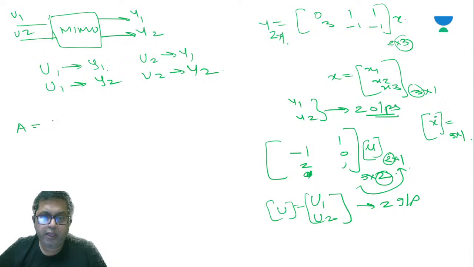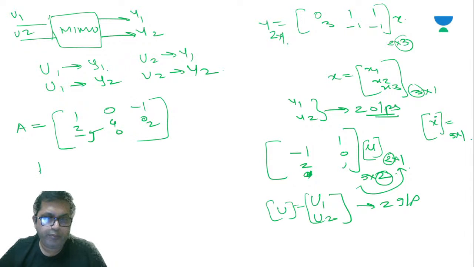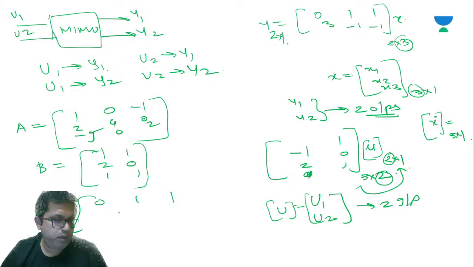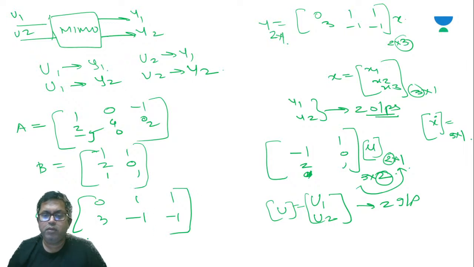The A matrix here is equal to [1 0 -1; 2 4 0; -5 0 2]. The B matrix you will get as [-1 2; 1 1; 0 1]. The C matrix you will get as [0 3 1; -1 1 -1]. What will be the size of the D matrix?